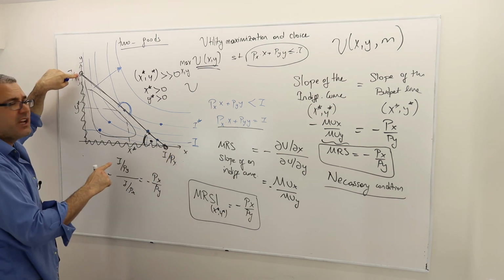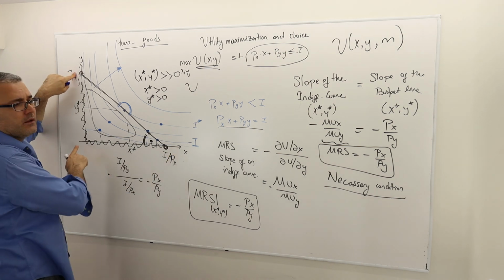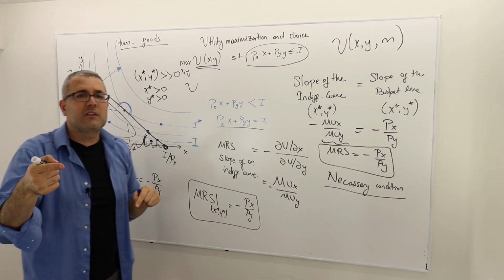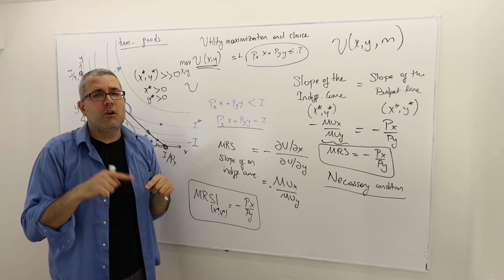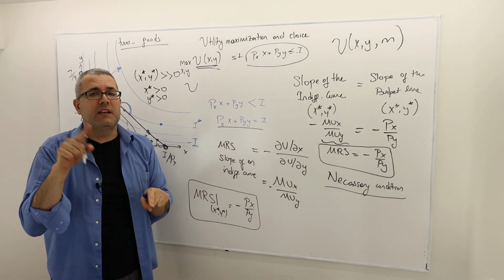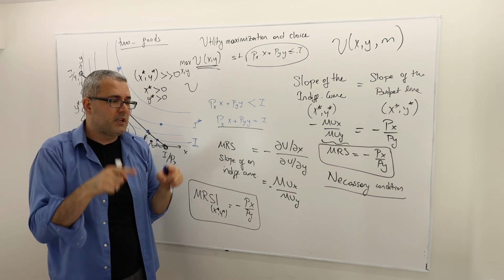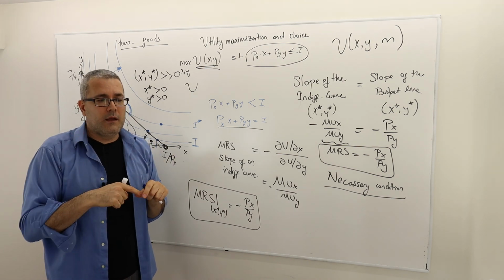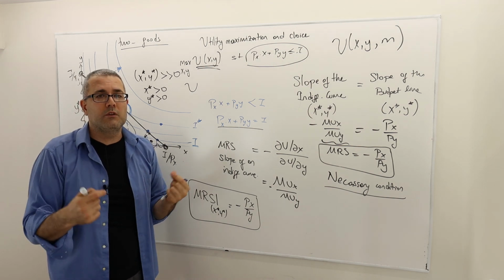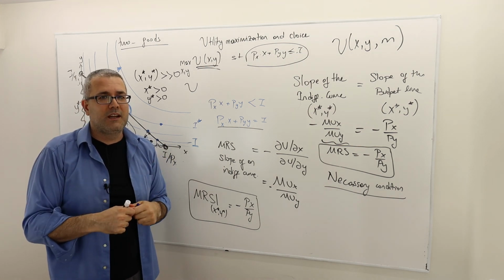In fact, probably not the next, but maybe two videos after this one, I am going to solve different examples with different utility functions, and perfect substitute examples are almost always going to give me boundary solutions, all right?